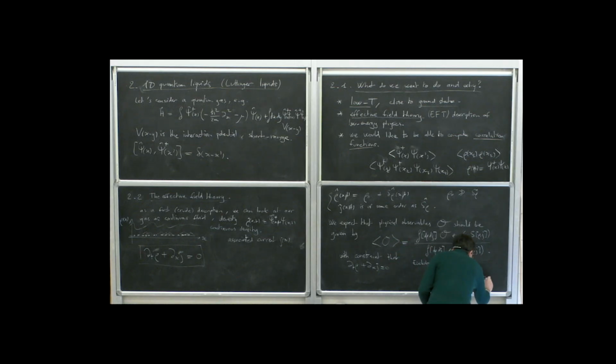One direction is position x, the position along our fluid, and then there's an imaginary time direction, tau, and by doing this path integral we can capture quantum fluctuations.